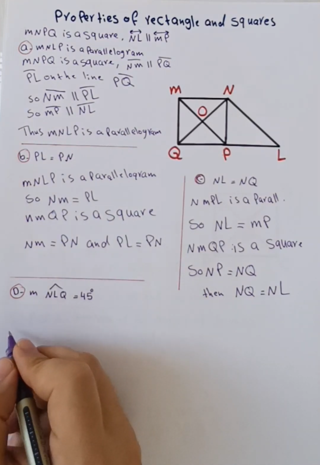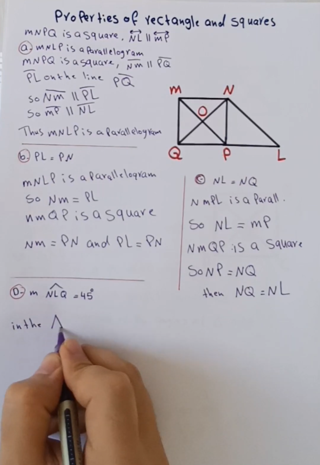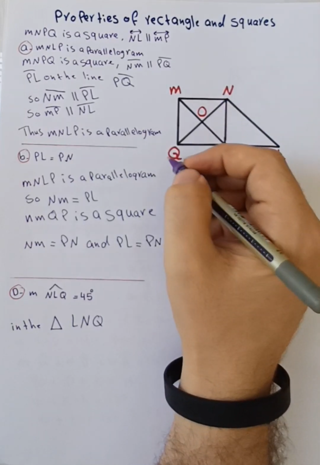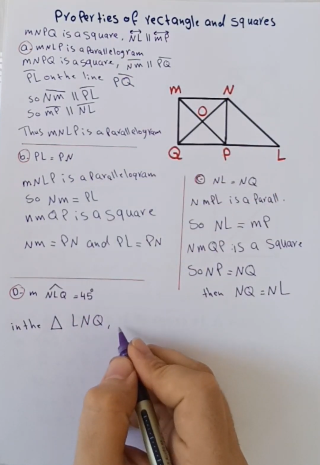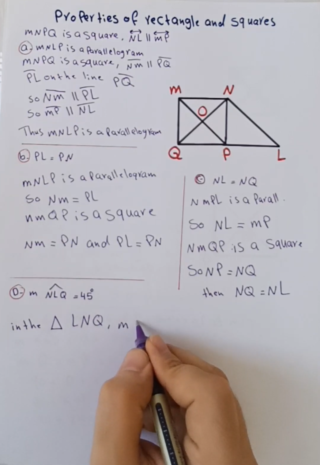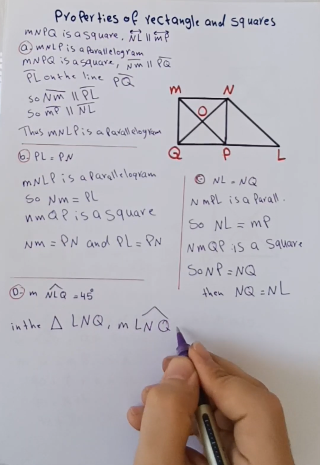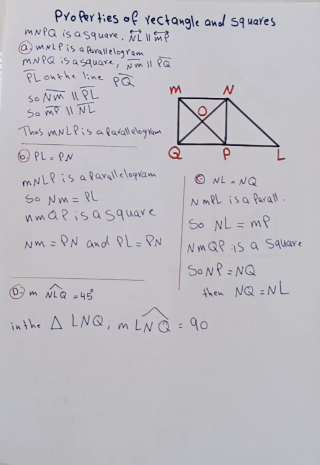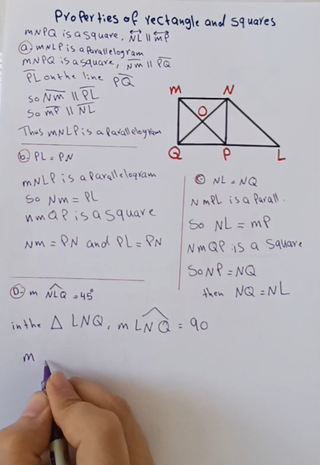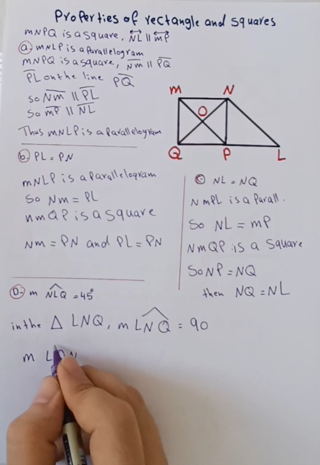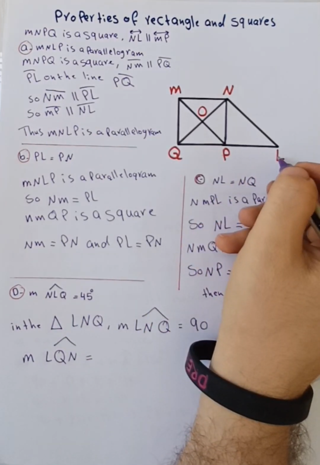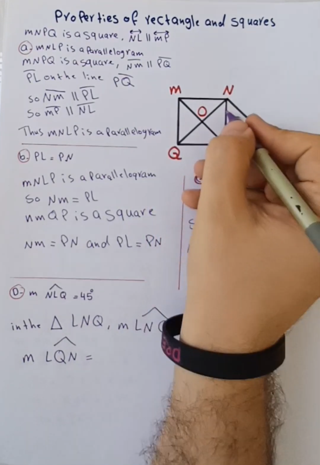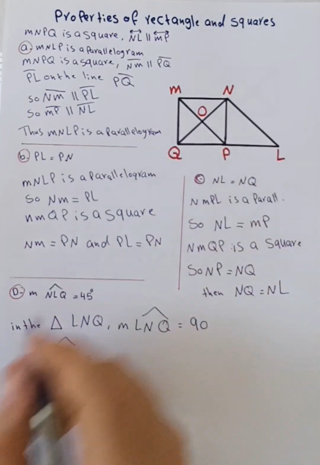So in the triangle LNQ, the measure of LNQ equals 90, and the measure of LQN is 45, because we have 90, 45 and 45.